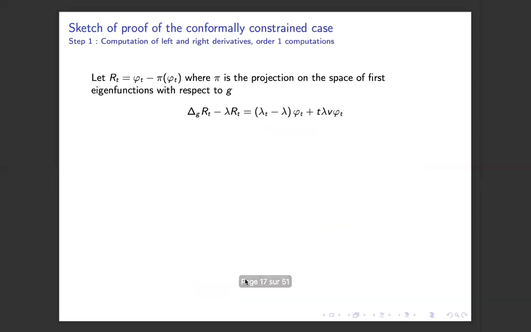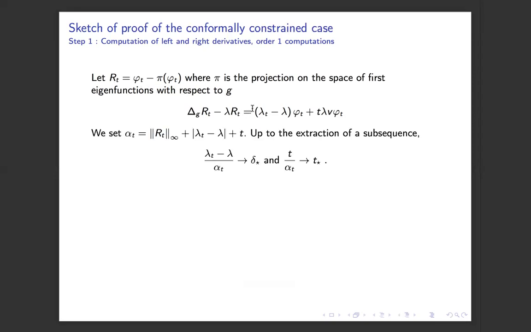Then we want to do the computation for the first order term. So we have to deal with phi_t minus the limit of phi_t, and pass to the limit on it. So instead of taking the limit of phi_t, we take the projection of phi_t on the first eigenspace associated to the metric g. Then it is easy to see that we have this equation on the rest, R_t.